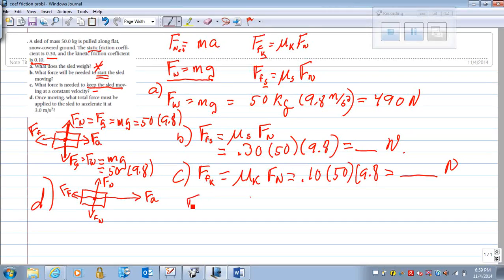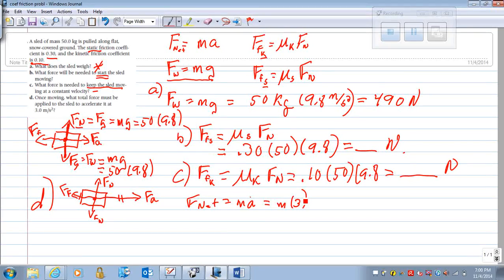So let's take a look at this. We know that our net force is equal to mass times acceleration. What this problem is saying is that when I add this force together with this force, my net force is going to give me an acceleration equal to 3. So my net force is actually going to be equal to whatever the mass is times 3.